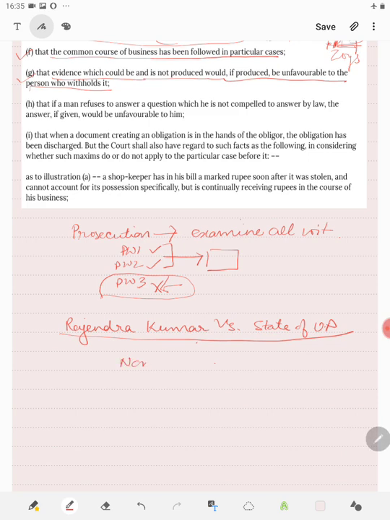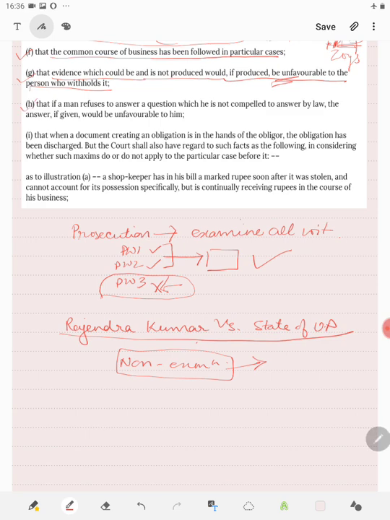So non-examination will not give rise to the presumption. What will give rise to the presumption is if he is asked to produce something important for the prosecution to prove its case, yet he does not produce it, then it can be presumed that it may be against his interest.